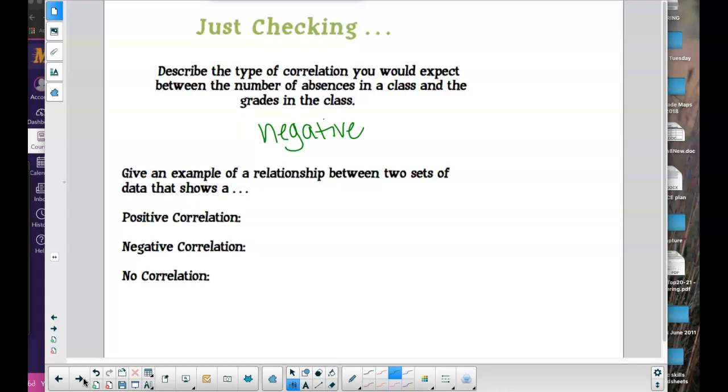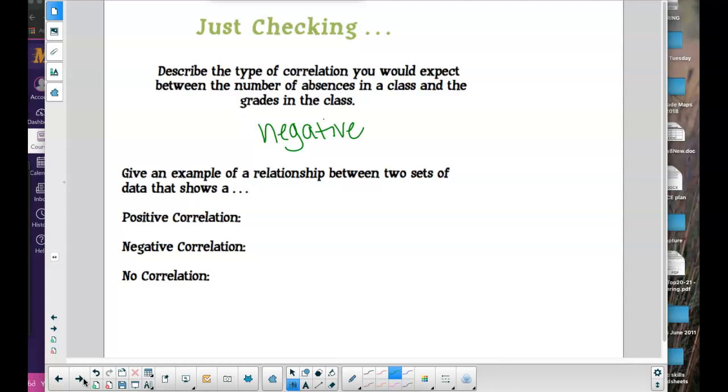The size of a cereal box and the amount you can eat in one sitting, maybe, right? If you have the little individual size cereal box, you eat the whole thing. As the size gets bigger, you eat less of the box.